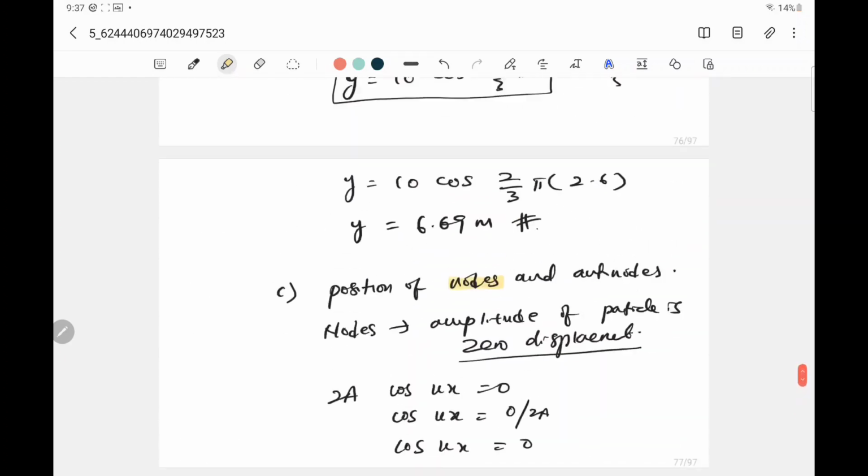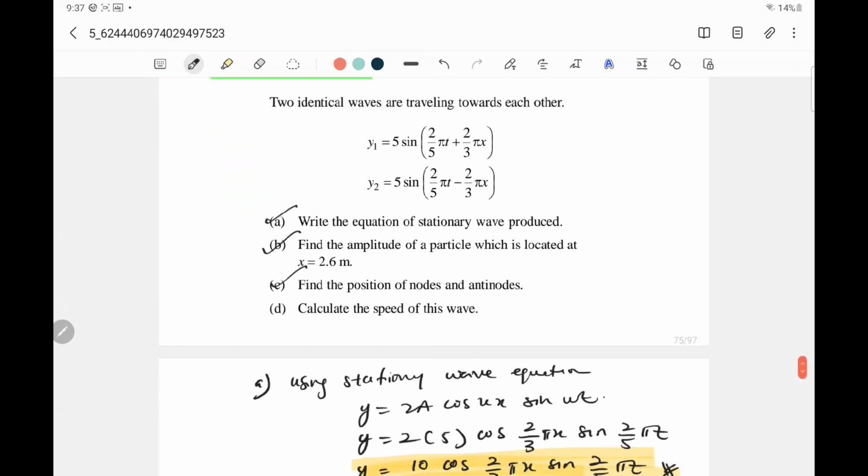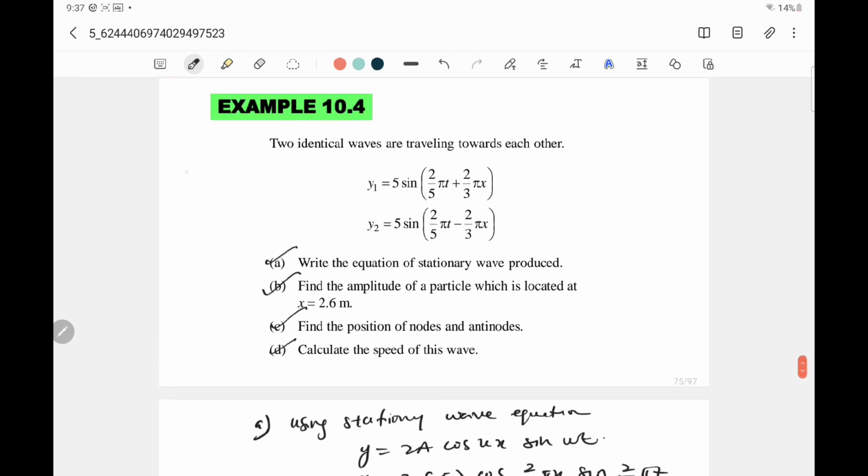Alright, so the last one, we have to calculate the speed of the wave. I put it here because we don't have the space. So for part D, we have v equal to f lambda. So to find f, you have to find omega.